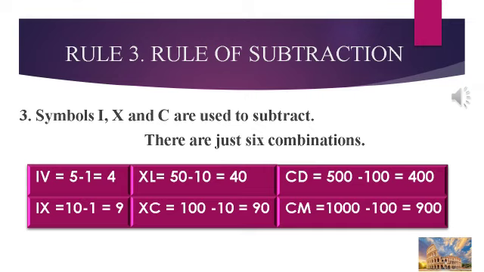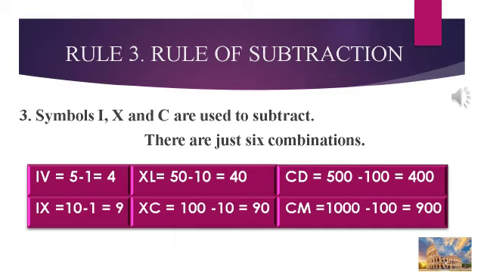Finally, the last rule in rule of subtraction. Symbols I, X and C are used to subtract. There are just 6 combinations. IV is equal to 5 minus 1 is equal to 4. IX is equal to 10 minus 1 is equal to 9.